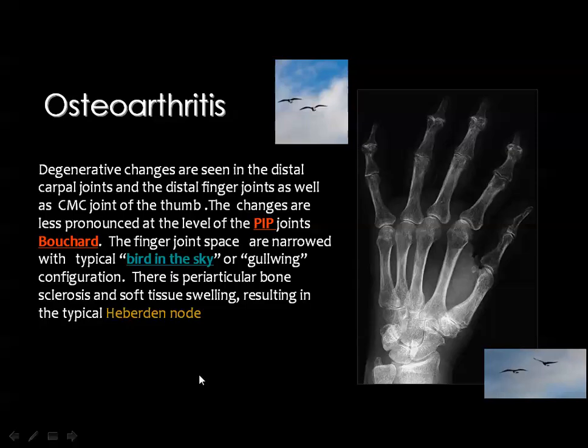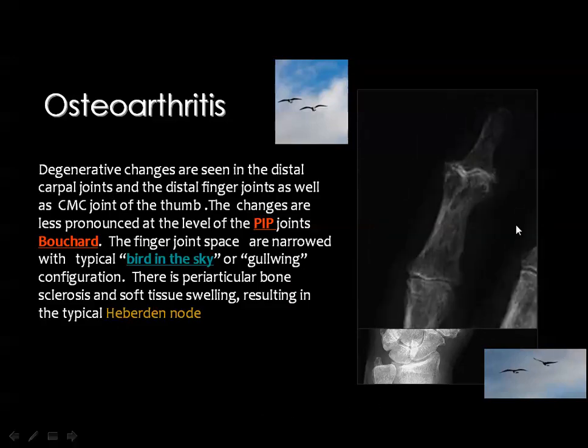One of the appearances of osteoarthritis in the hand, especially in the distal interphalangeal joint, is an appearance almost similar to a bird in the sky, or gull wings, as you can see here. If I magnify this image, you can appreciate this appearance. This is just a simulation of what happens in the joint.